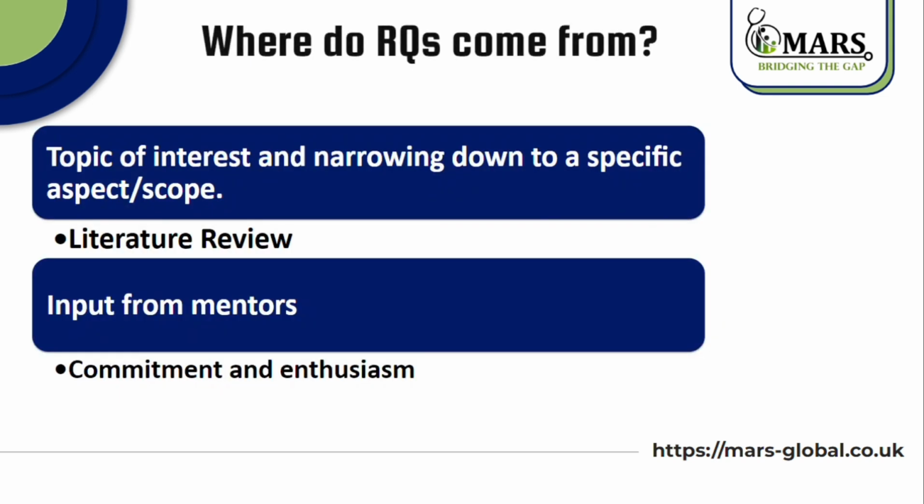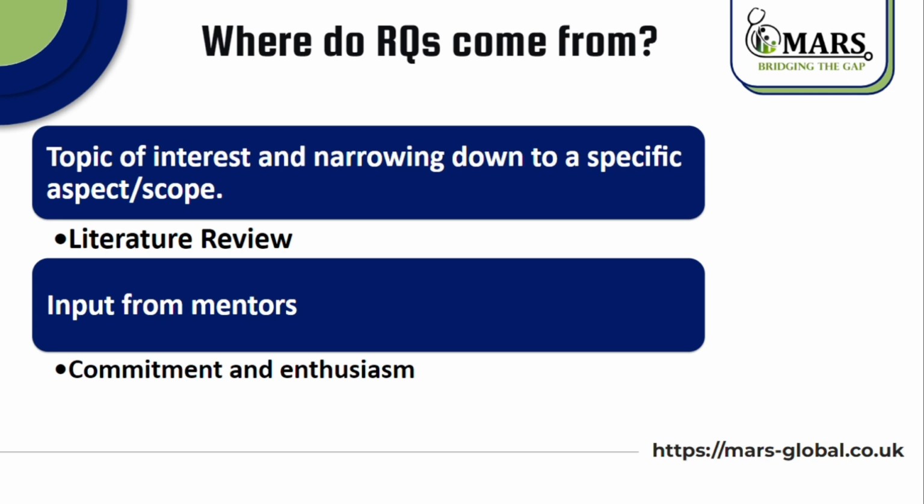If we are going to talk about where research questions come from, we can definitely say the topic of interest, which is one of the crucial ways that we can consider to formulate the research question for our study, as well as the literature review, input from mentors, commitment, and enthusiasm.